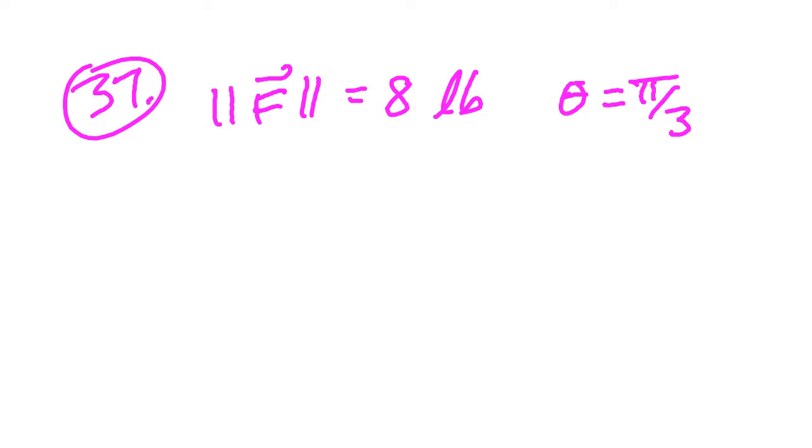Find the work done by the force in moving an object along the x-axis from the origin. So we're starting at the origin, and we're going to go out 6 units to the right along the x-axis. And then I'm going to have a force at an angle of pi over 3.